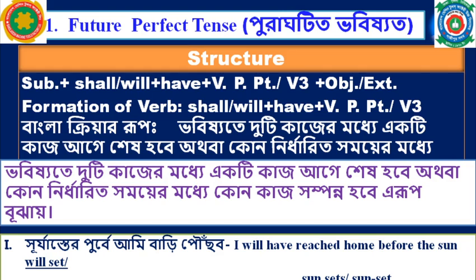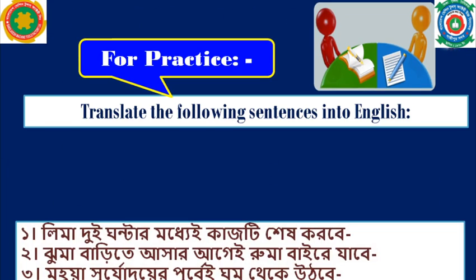You have to clear your concept of each tense. Here time is mentioned that work will be completed in a certain time, but in near future. For practice you will translate it.